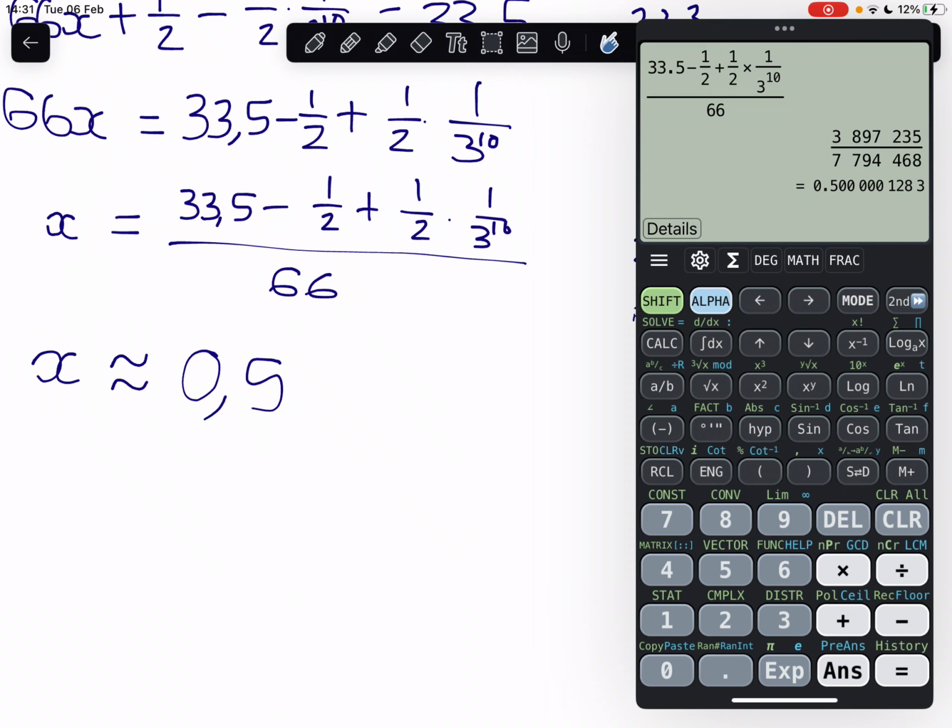Right, so I think the big takeaway for me from this exercise is it's so important to be comfortable manipulating algebraic expressions. So getting this huge expression involving fractions and sometimes multiplying out things and all sorts.